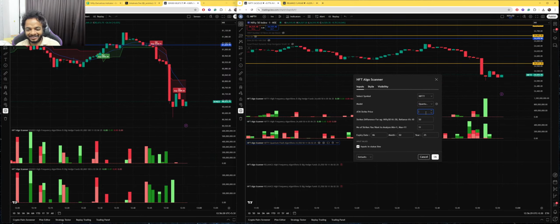It's very hard to track them. So let's put the ATM as 20600, or I can put it as 500 as well.